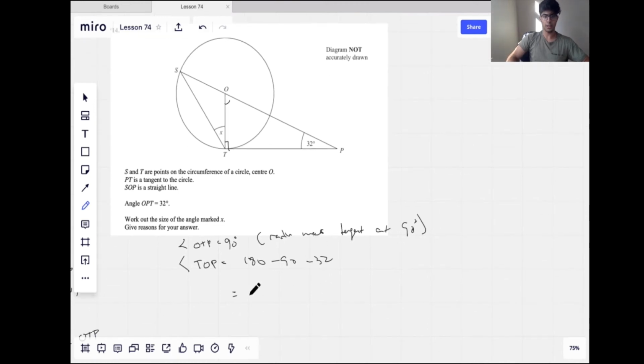So angle TOP is 180 minus 90 minus 32, which is 90 minus 32, which is 58, I believe. Let me check that. Yeah, 58.